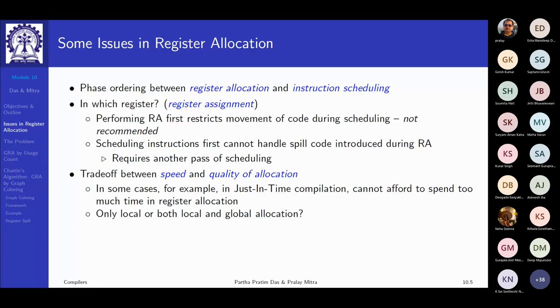But in today's time, we have several languages and several situations where we follow JIT, just-in-time compilation. For example, we do that in Java, we do that in Python, and so on. So the entire target code is not fully pre-generated. It is being generated while the code is running.